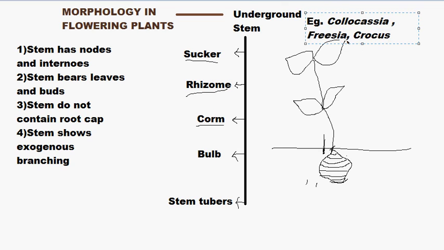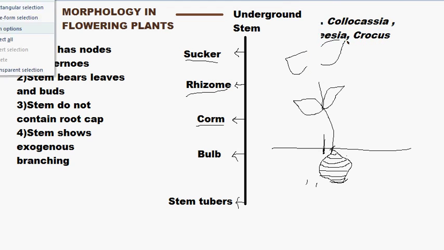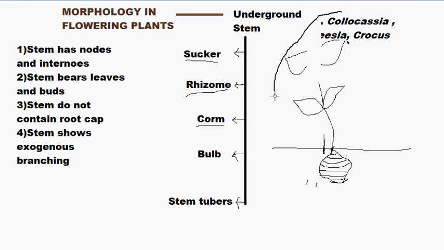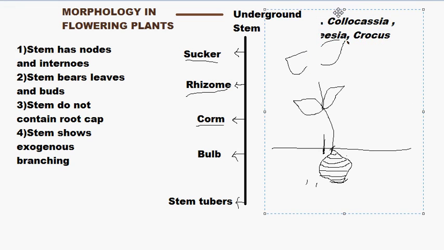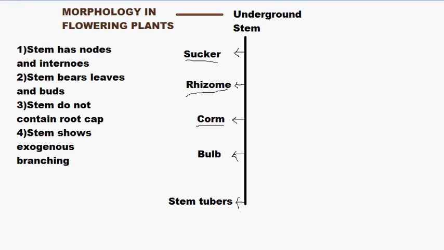Now let me move on to the bulb. Now the bulb, sorry, where is the free form selection tool? Yes, let me again remove this diagram over here, and let me now make another fresh diagram.